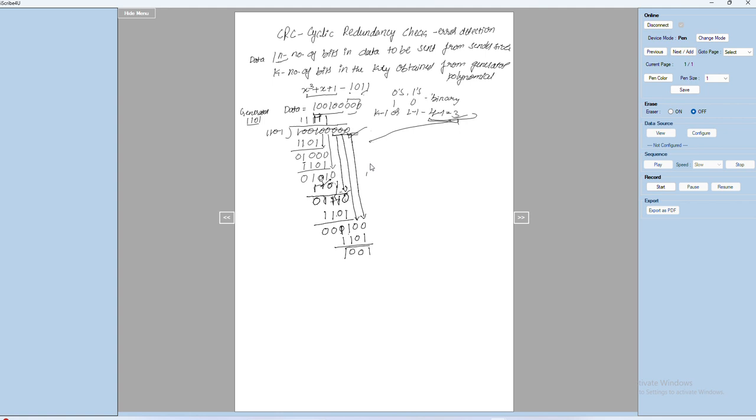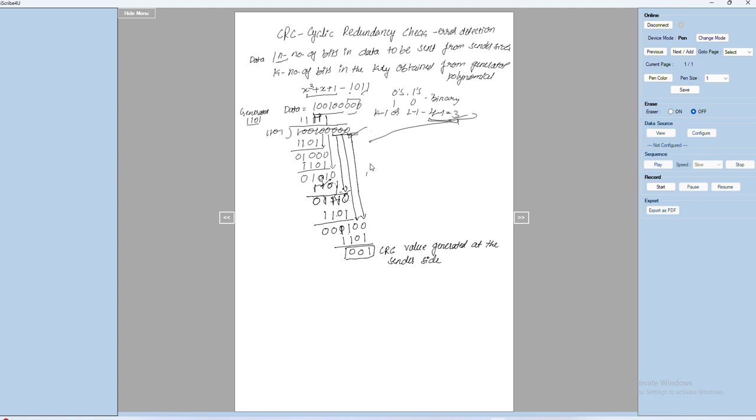So this is the CRC value generated at the sender side. Now we have to calculate the CRC value at the receiver side.